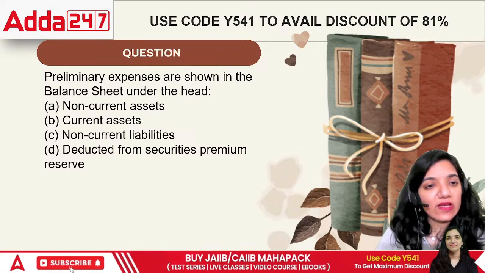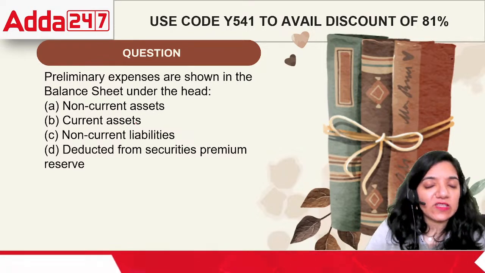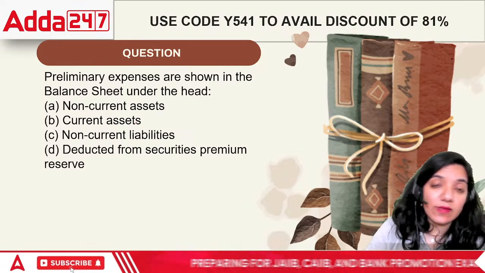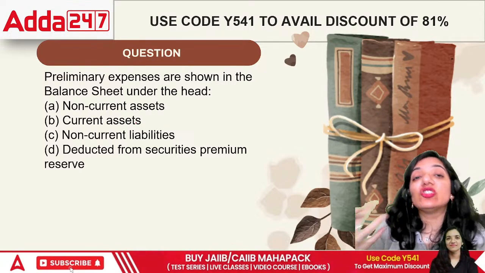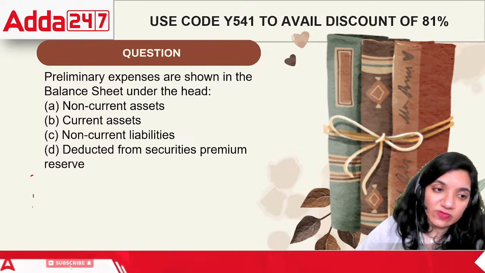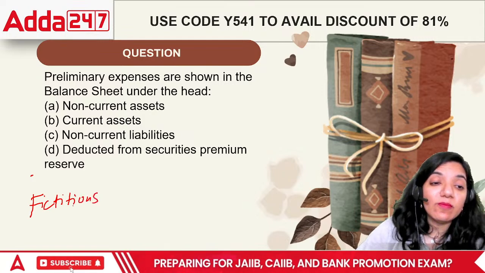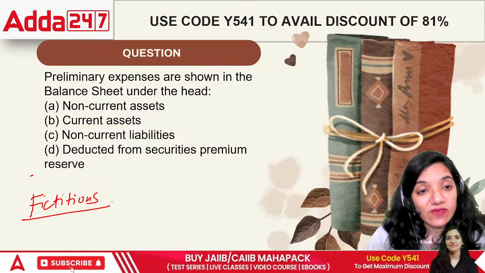If I talk about this area, preliminary expenses are what we call a fictitious asset. It's not a proper asset, it is not a tangible asset, it's a fictitious asset. It just exists in the books, but overall it has already been incurred long back, even before the making of the business itself. So it is a fictitious asset.